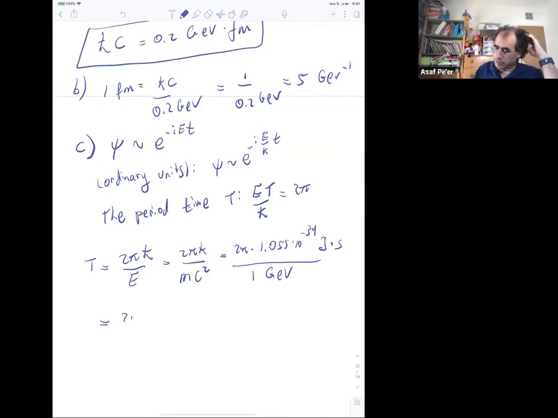So it's 2 pi times 1.055 times 10 to the minus 34 joule seconds divided by 1.6 times 10 to the minus 19 joules per electron volt times 1 GeV.